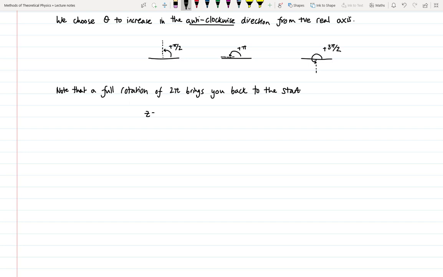In other words, z is r e to the i theta, and that's exactly the same as r e to the i theta plus some multiple n of 2 pi, where n is an integer.